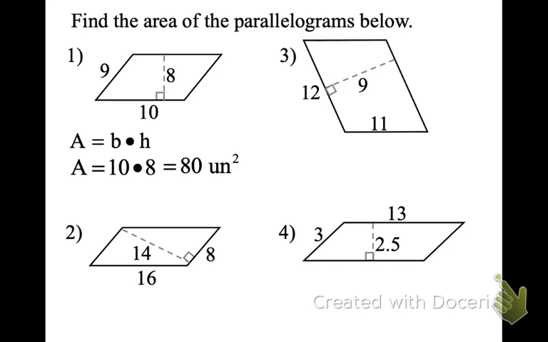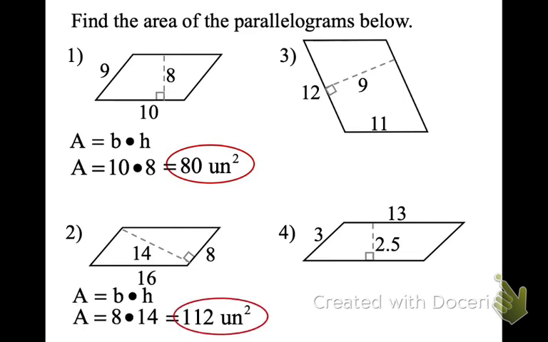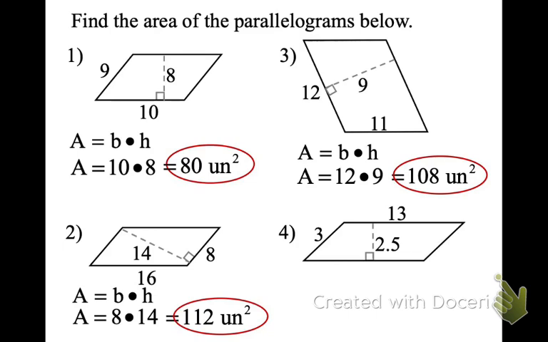Now let's check our work. So on number 2, we're going to be multiplying base times height. So that would be our 8 times 14. Number 3 is 12 times 9. So that would be 108 square units.